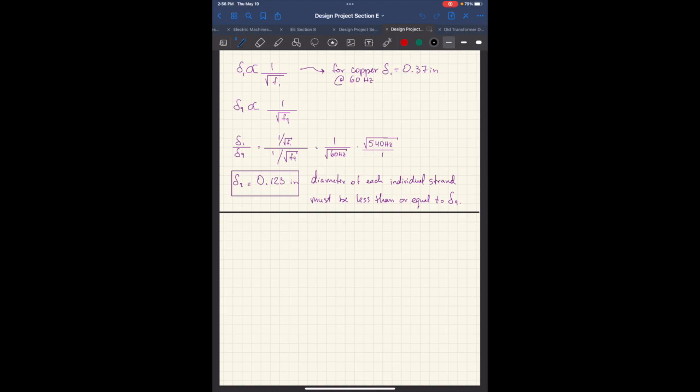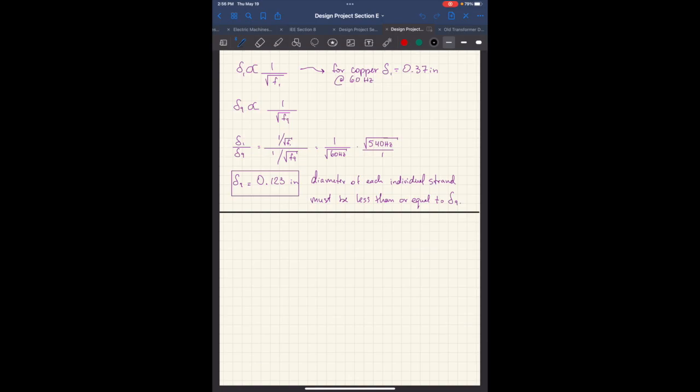Okay. So we were talking about the skin effect yesterday, and how we have to account for the skin effect, up to the 9th harmonic.